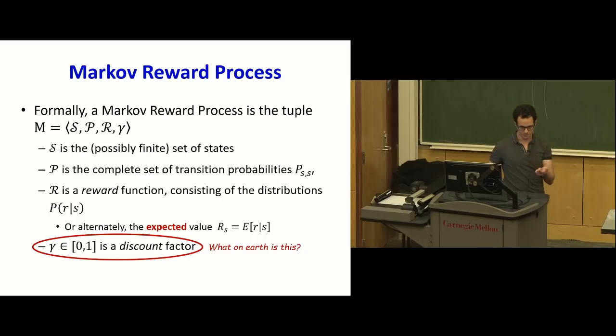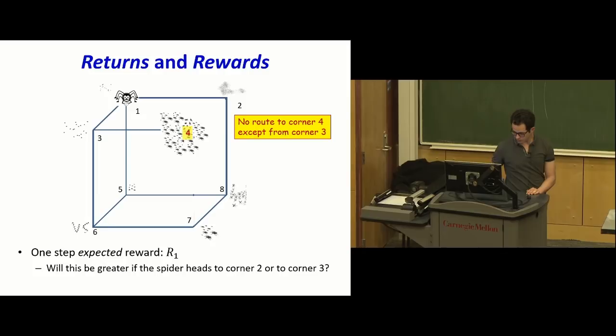So we're going to show why this can be useful. So your expected reward for the state where you're starting in 1, do you think the reward is going to be higher in 2 or higher in 3?